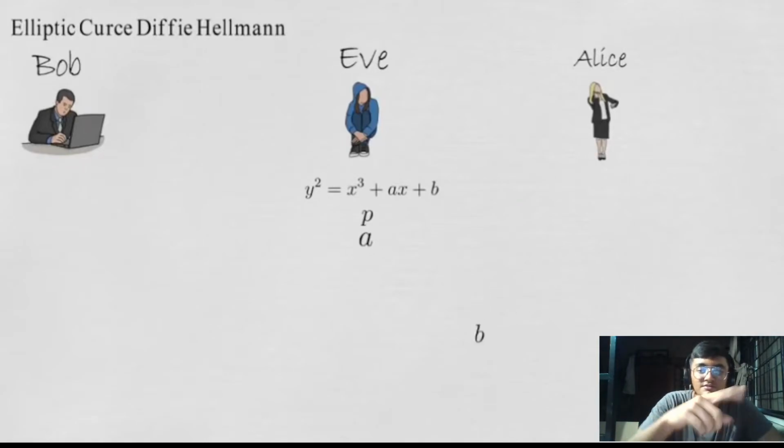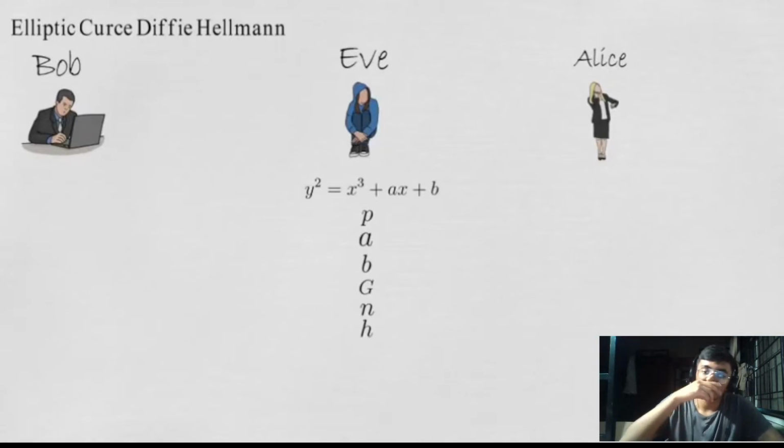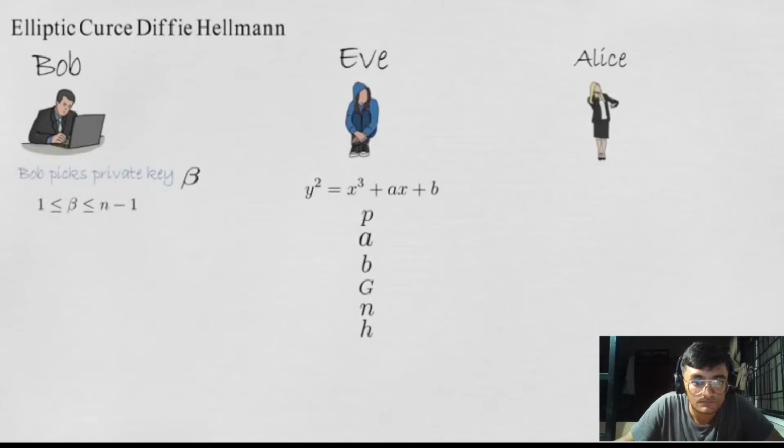So how can the Diffie-Hellman protocol be useful to generate the keys? Each party will be aware of the domain parameters P, A, B and G. Bob picks a random integer beta, greater than 1 and less than n minus 1.